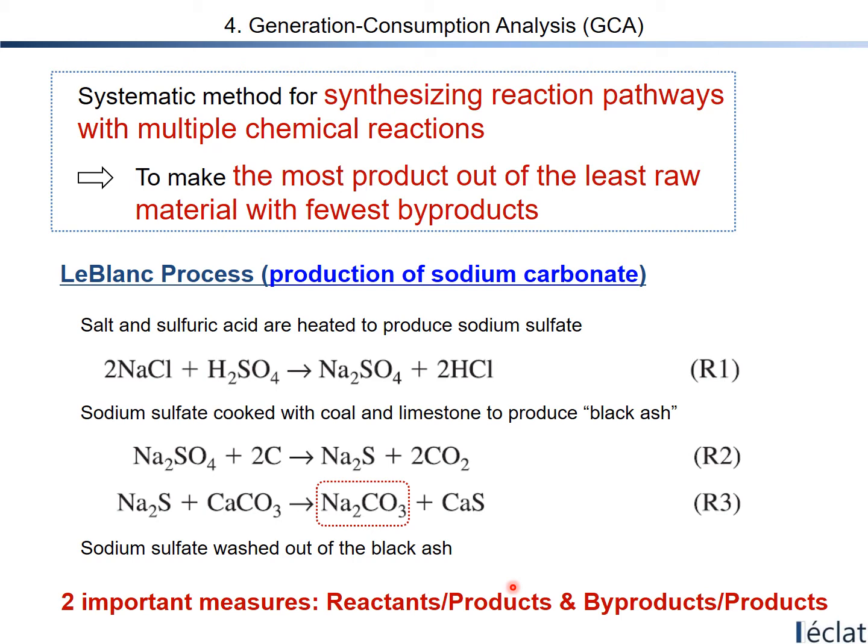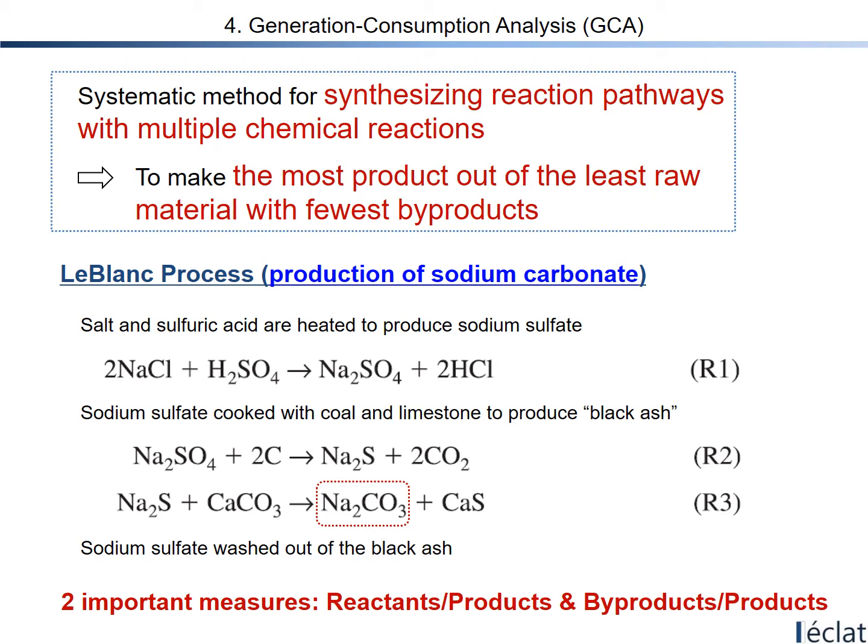So, RP ratio. The second one is byproduct per product. Of course, you don't want to have byproduct in your upstream. So if you have a small number for the BP ratio, it is a good thing.